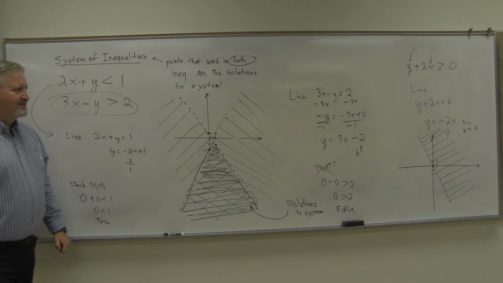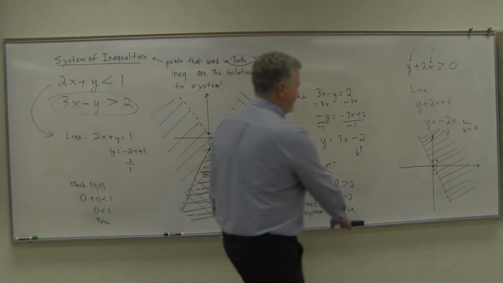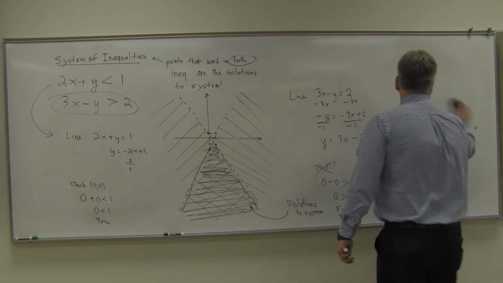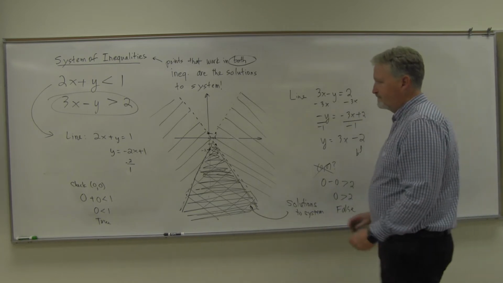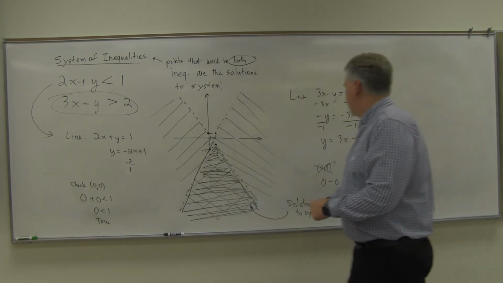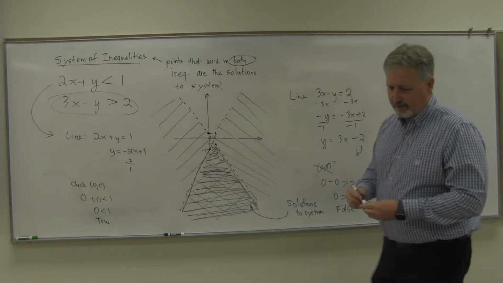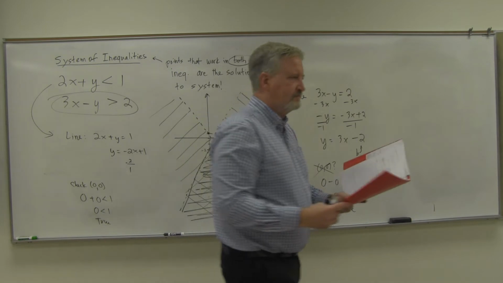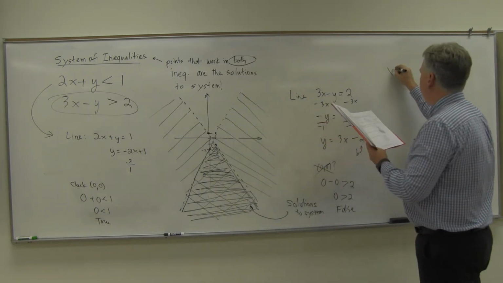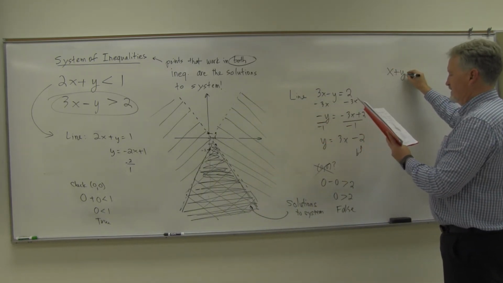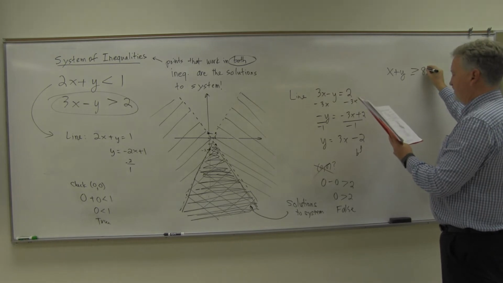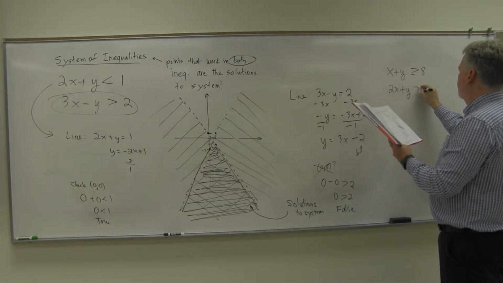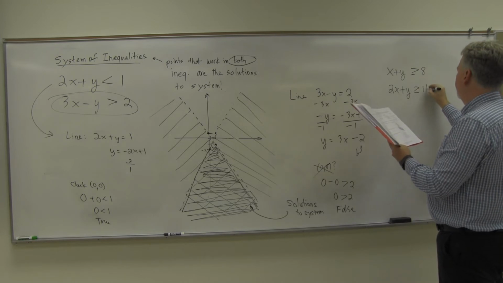All right, so let's do another one. How about the second one: x plus y greater than or equal to 8, and 2x plus y greater than or equal to 11.